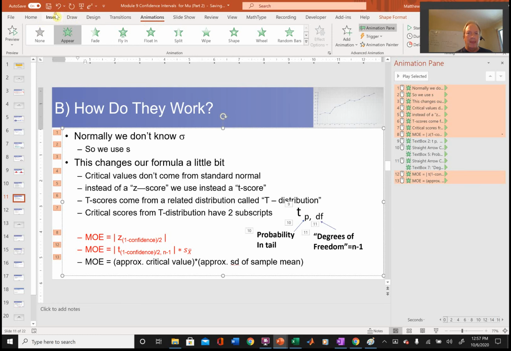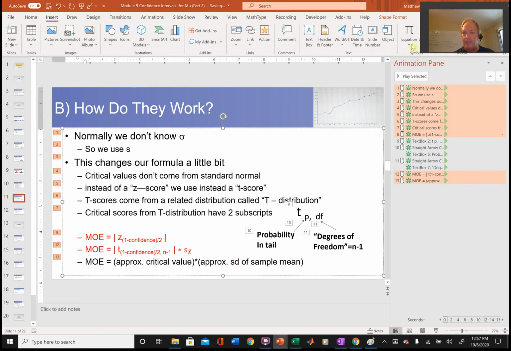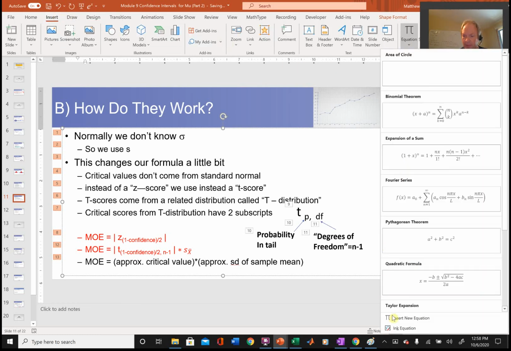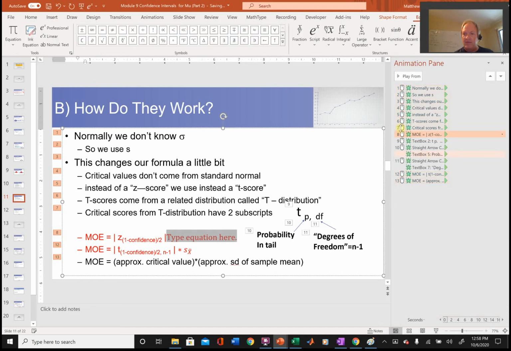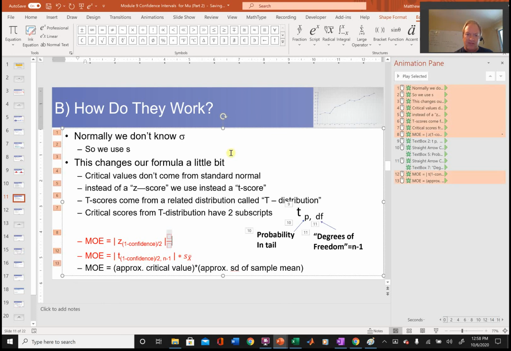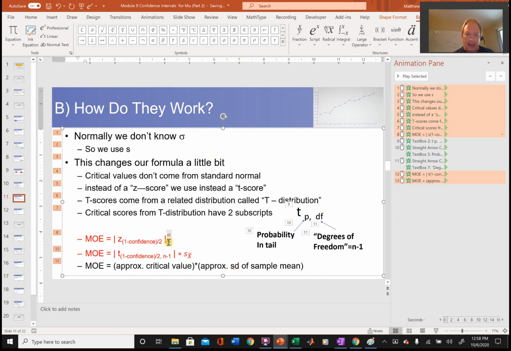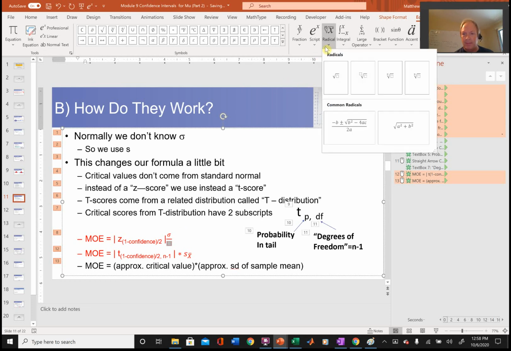I've noticed that people are really having trouble understanding the standard deviation for the estimates. So this would be sigma divided by the square root of n. And in lieu of that, we swap out the sample standard deviation, S, for sigma.